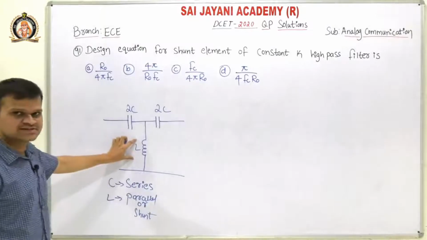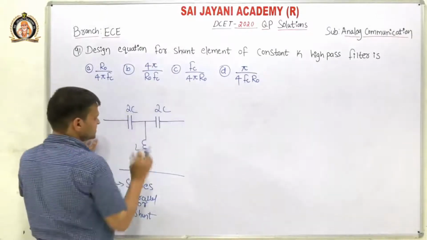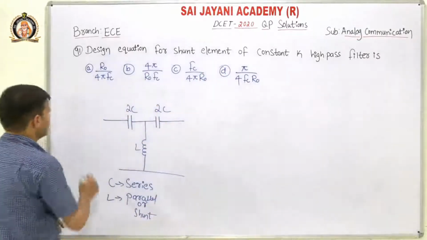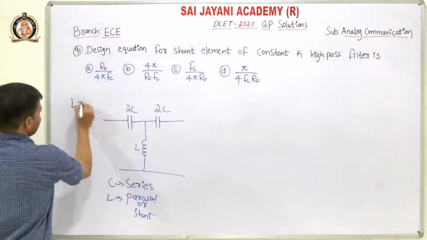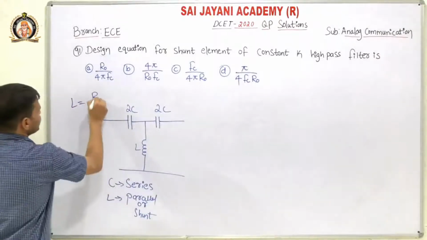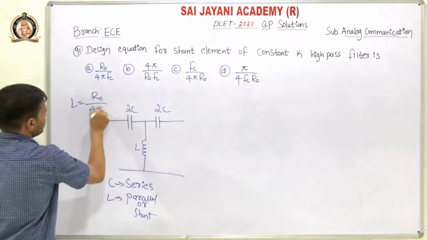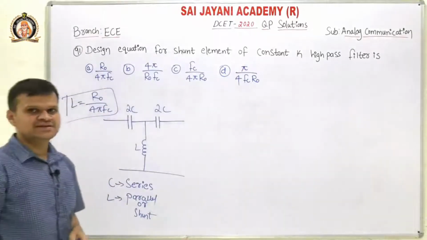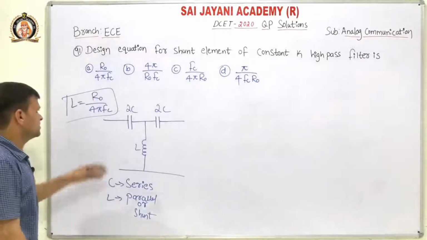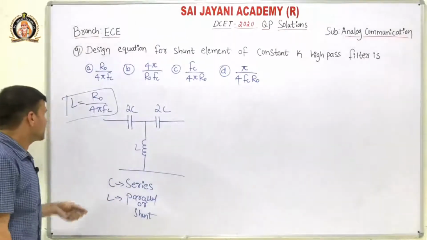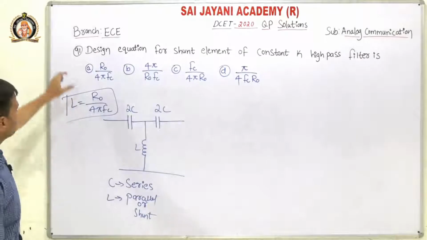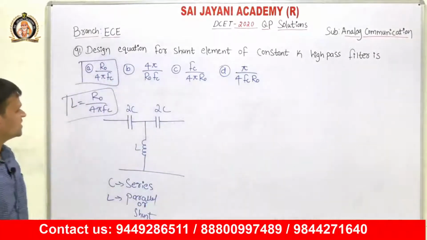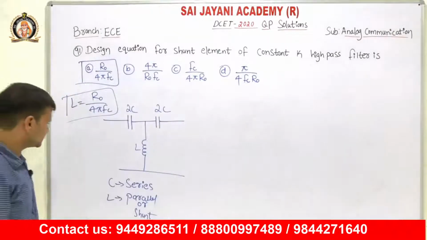The L value becomes L is equal to R0 divided by 4 pi Fc. Here R0 is the characteristic impedance and Fc is the cutoff frequency, and L is the shunt element. So for question number 91, option A, that is R0 divided by 4 pi Fc, is the right answer.